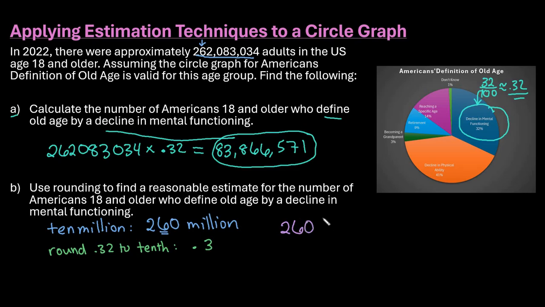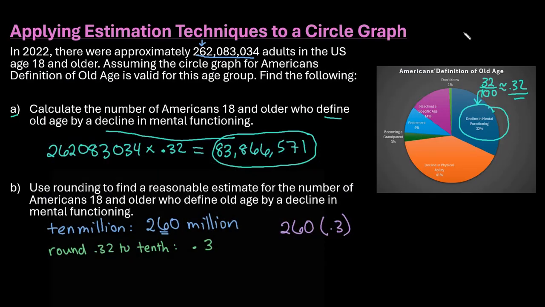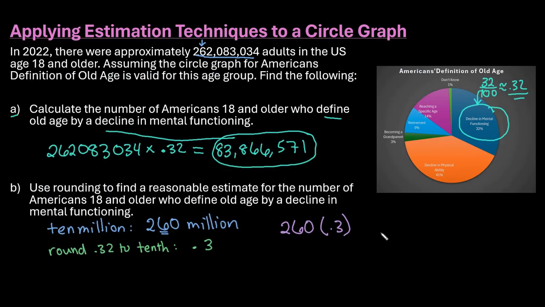So if I take 260 times 0.3, and again, if you need to plug that into a calculator, you always can. I know calculators are with us everywhere. So if I do 260 times 0.3, just remember that our answer is going to be in millions. So this would be approximately 78 million.